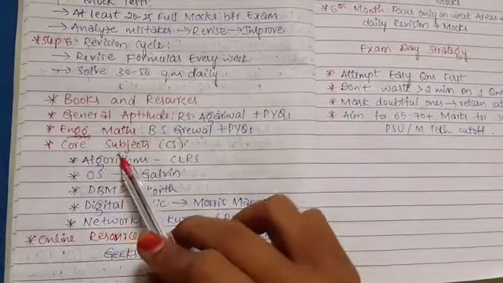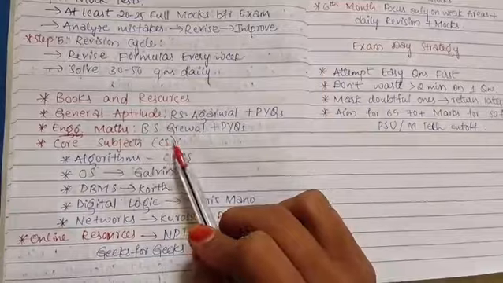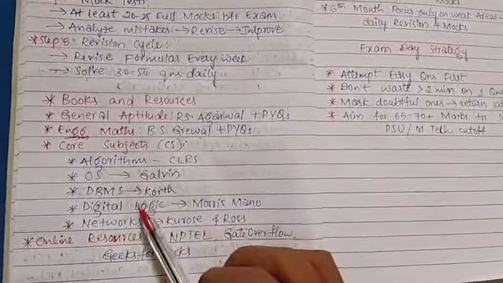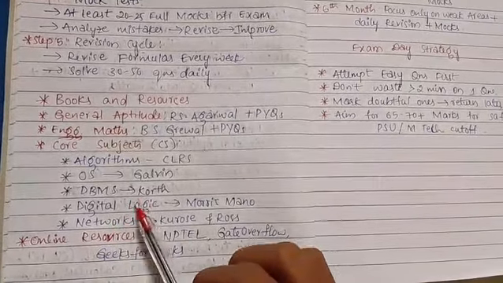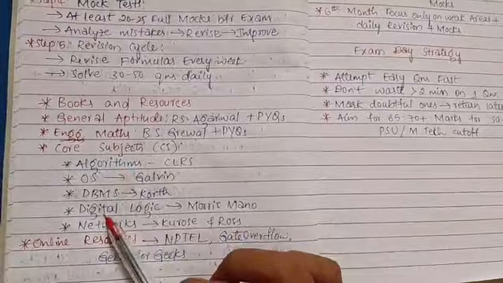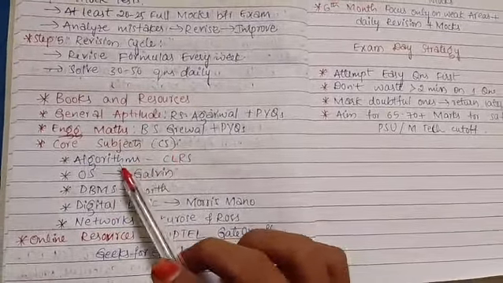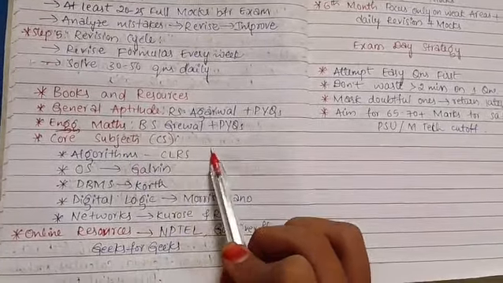For core subjects, for example, let us take CS. For CS, we have algorithms, operating system, DBMS, digital logic and computer networking. These are the core subjects we have in the CS branch. For algorithms, you have to refer the CLRS textbook.